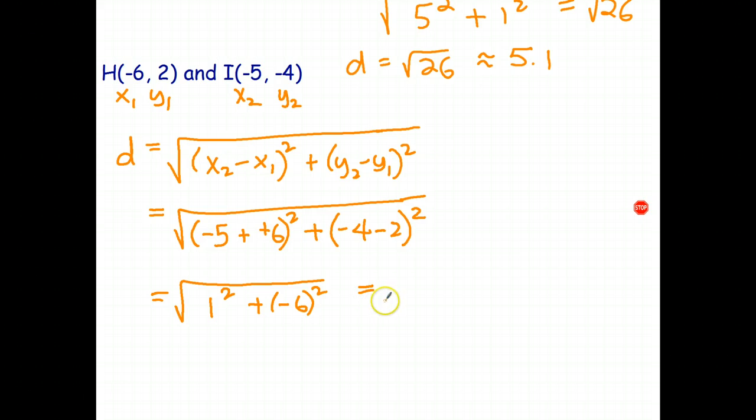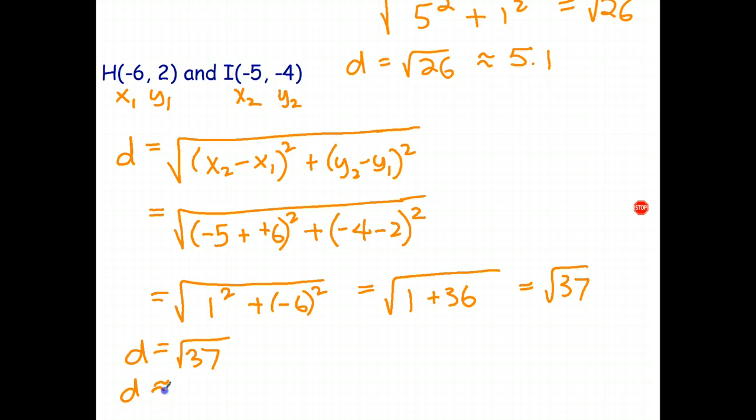Well, -6 all squared is -6 times -6, which is +36, so plus 36, and that equals the square root of 37.